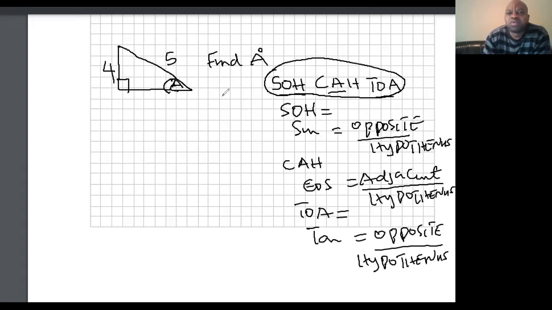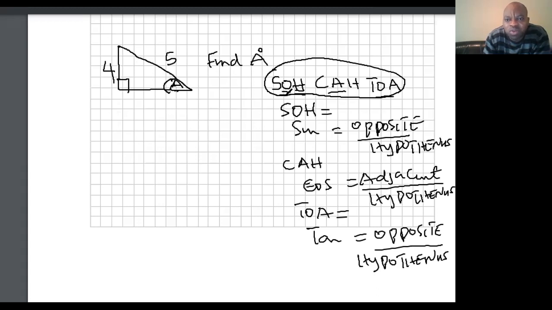SOHCAHTOA. So when you write this down, you now go back to the question. You look at the information given to you. What information is given in the question? You have the opposite side of the angle, and you have your hypotenuse.